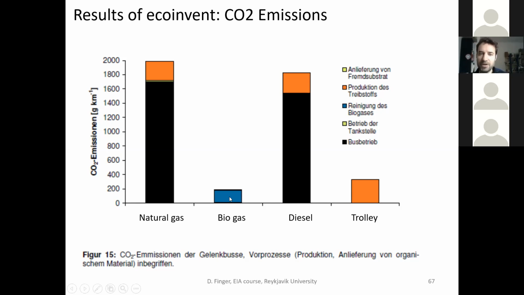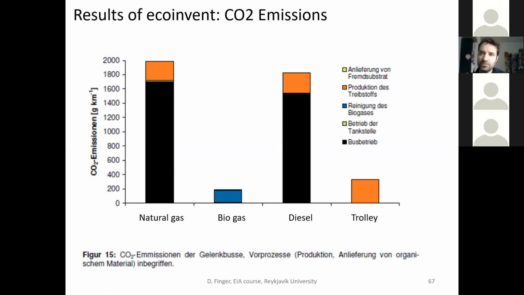The biogas bus has in principle the same CO2 emission because it's the same gas, but because for the production of the biomass you assimilate the same amount of CO2, this is why you could argue that the biogas buses run carbon neutral.